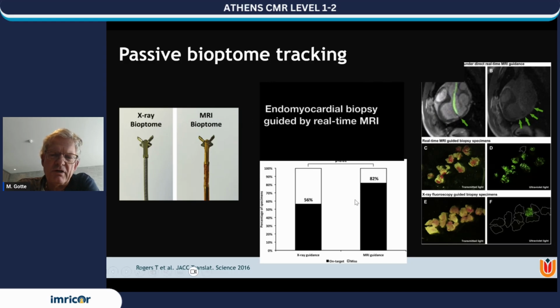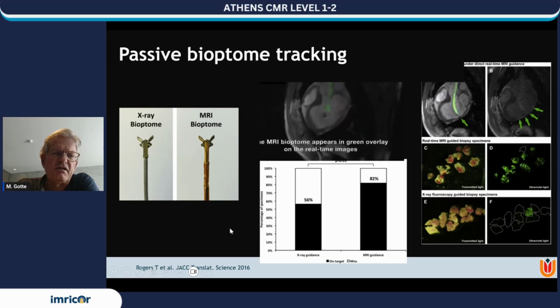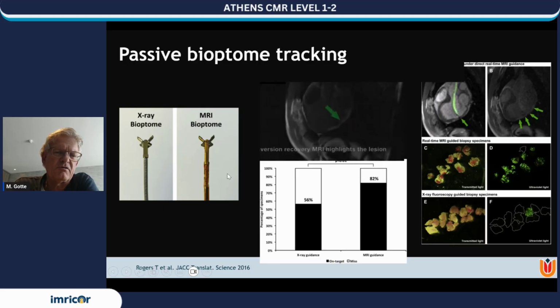And once you do so, you can increase the clinical yield of a biopsy. The downside is the redesign of the bioptome, what I mean is to make it MR compatible. The redesign also changed the intrinsic properties of the bioptome, so the torque and steerability are less compared to a conventional bioptome.